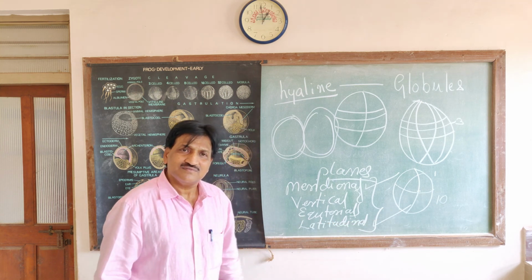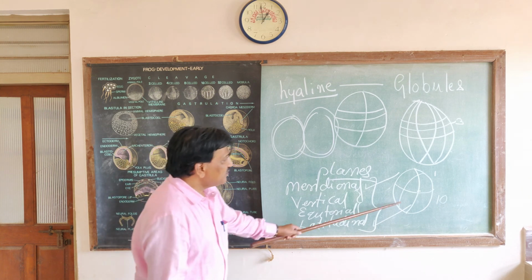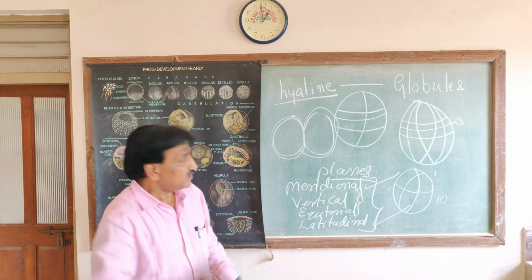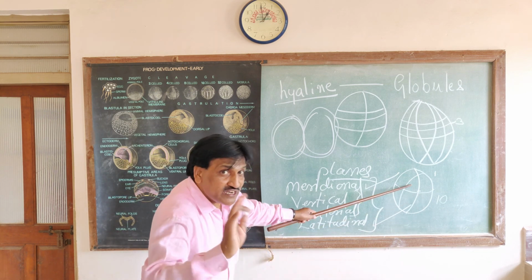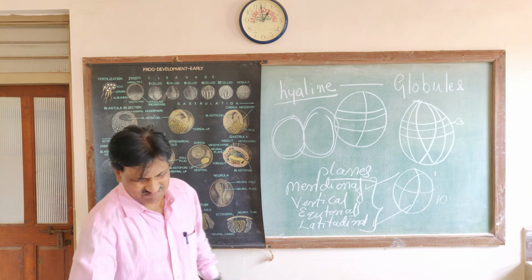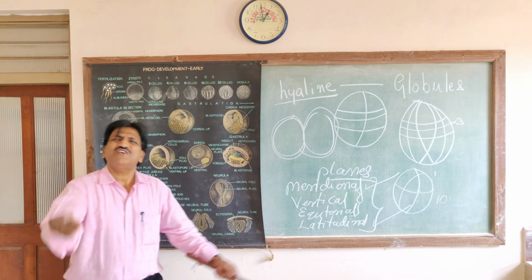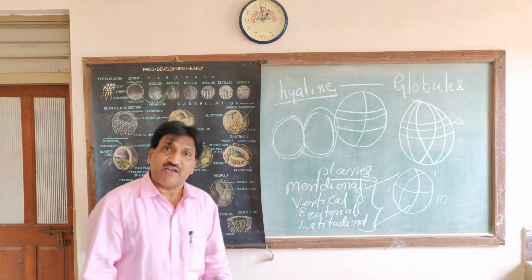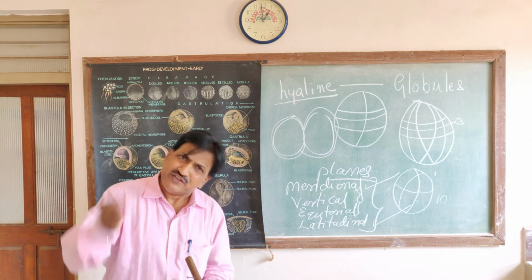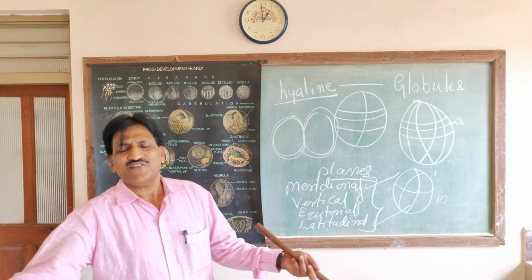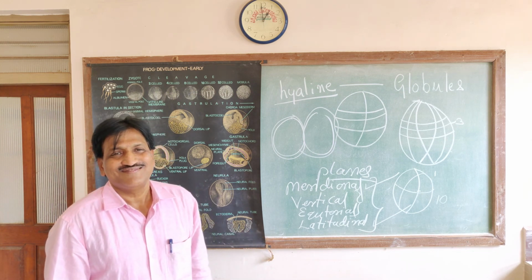Slowly. Why? Because yolk is present. My dear friend, the yolk is not completely absent from the animal pole, but it is negligible there. In the vegetal pole, there is cytoplasm also, but negligible, not visible.